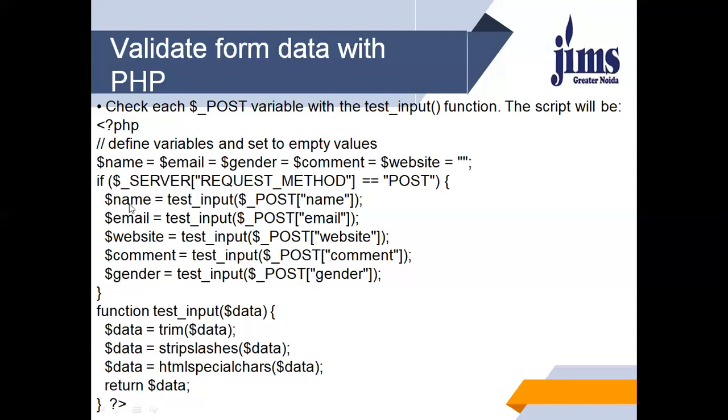Define variables and set to empty values: $name, $email, $gender, $comment, $website equal to blank. Then if $_SERVER request method equal to post, then $name is equal to test_input $_POST name, $email test_input $_POST email, and the same thing for website, comment, and gender.